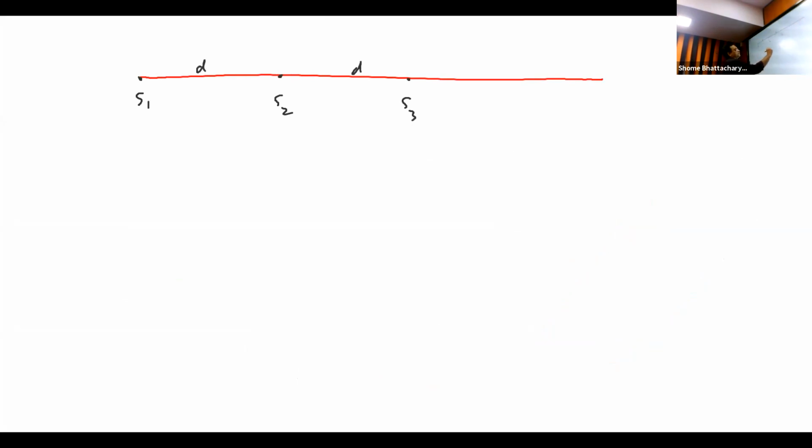Same everything: speed of the wave is 200 meters per second.